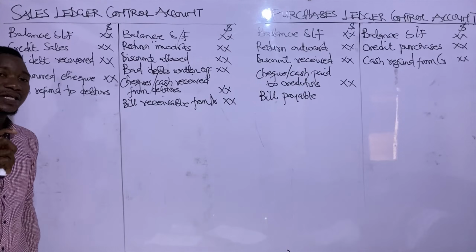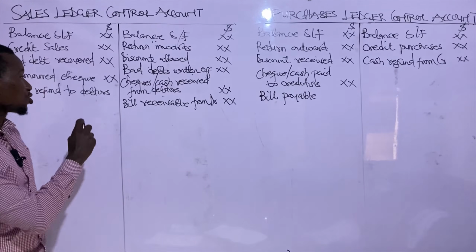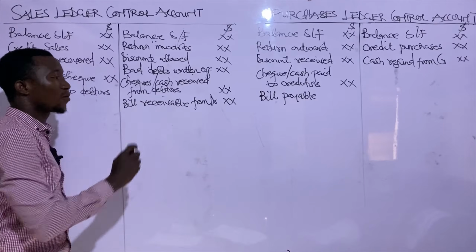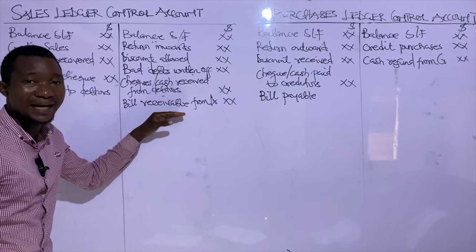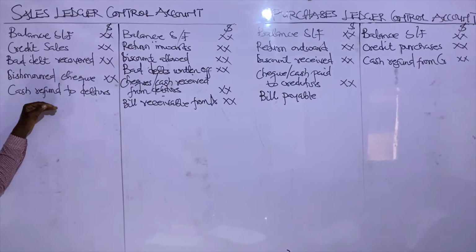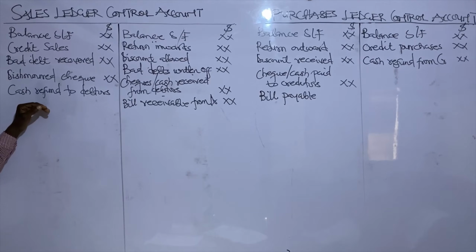Sometimes the bill of exchange could be dishonored as well. So a bill receivable from debtors could be dishonored for several reasons. If it is dishonored, then it should be recorded at the opposite side to reinstate the debt, because a bill receivable dishonored increases the debtor's balance.